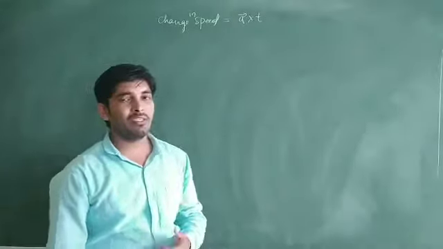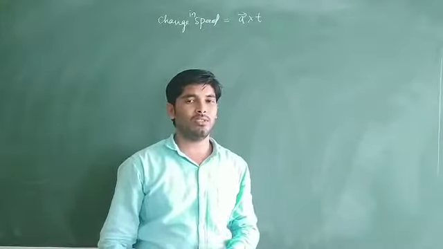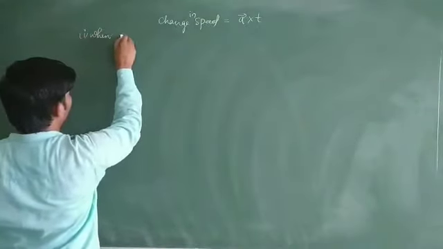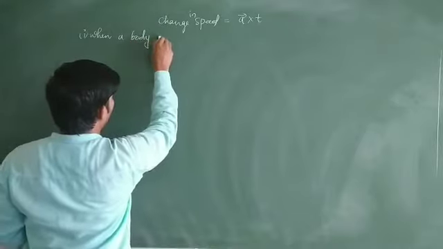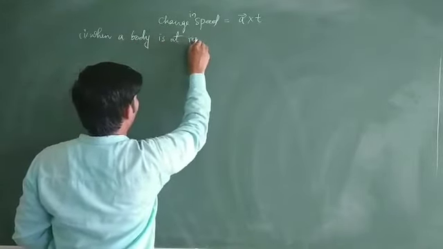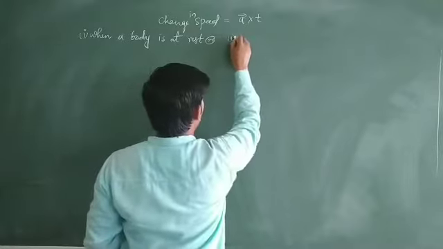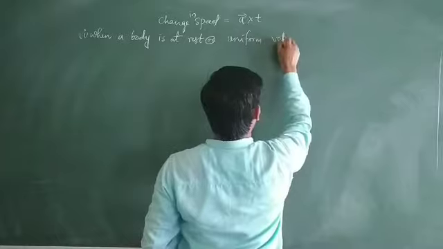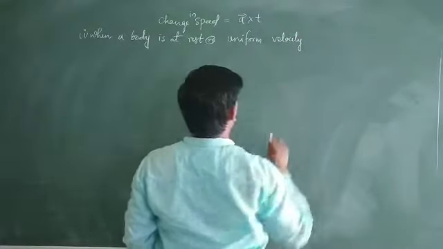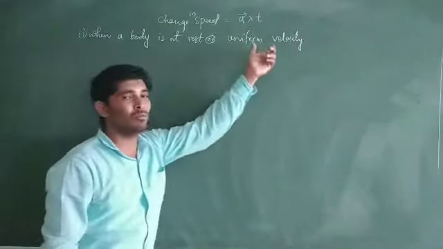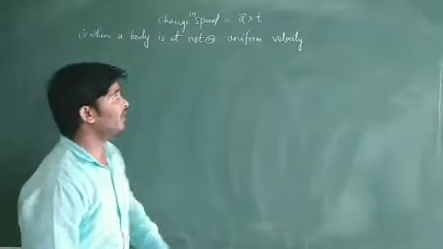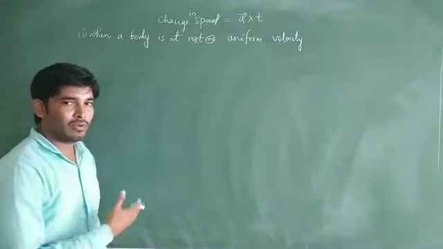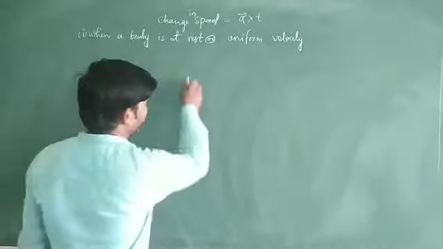So let us consider some situations. The first case is when a body is at rest or is moving with uniform velocity. Then the acceleration time graph is a straight line coinciding with the time axis.